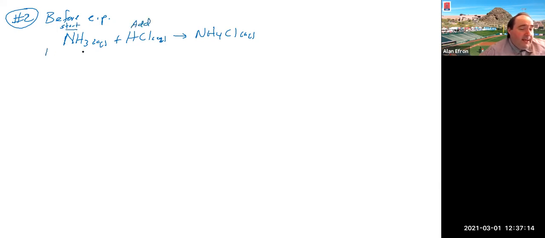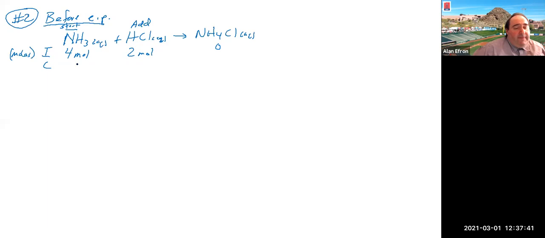So initially, again, we want to do moles here. So I'm going to use my same made up value of 4 moles that we used before. And again, knowing that information of the equivalence point is moles of acid equals moles of base, this tells us that we definitely should have less moles of the HCl in this case. So again, I'll use my made up number of 2 and 0.